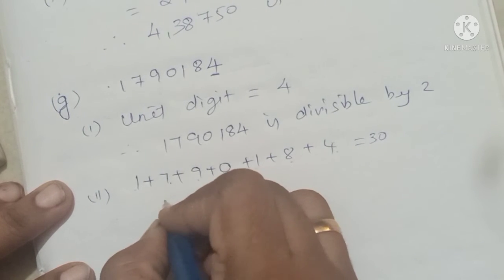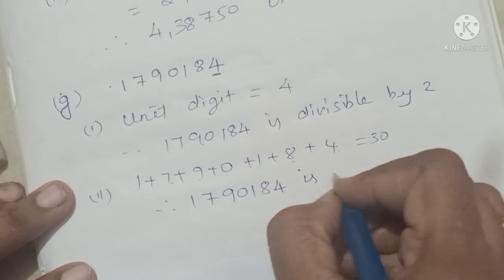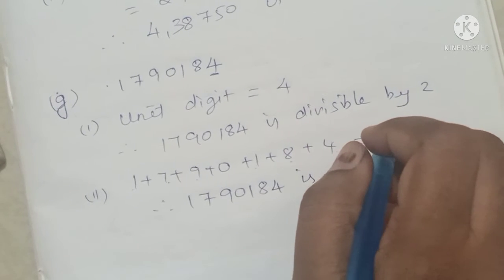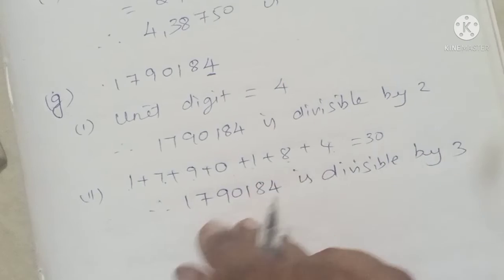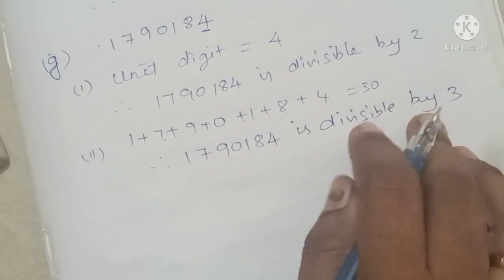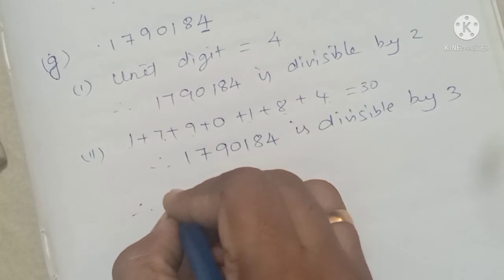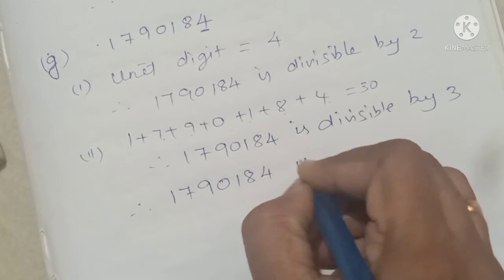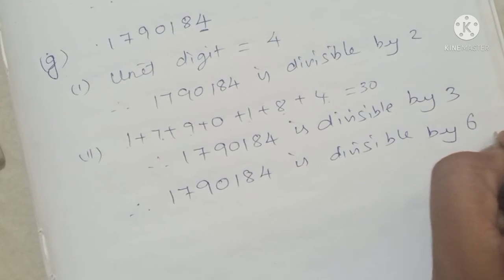Therefore the entire number, that is 17,90,184, is divisible by 3. So this number is divisible both by 2 as well as by 3. Therefore we conclude that 17,90,184 is divisible by 6.